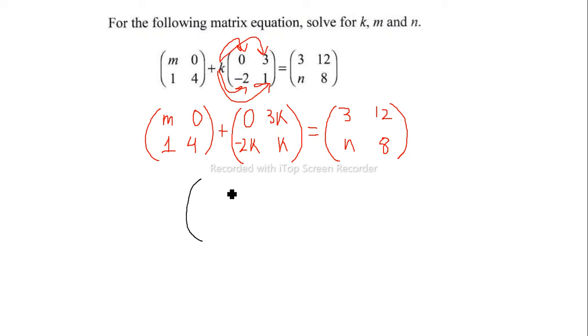No, sir. Alright, so this is m plus 0. So we're going to put that down. m plus 0. And this is going to be 0 plus 3k. That's going to be 1 plus negative 2k.